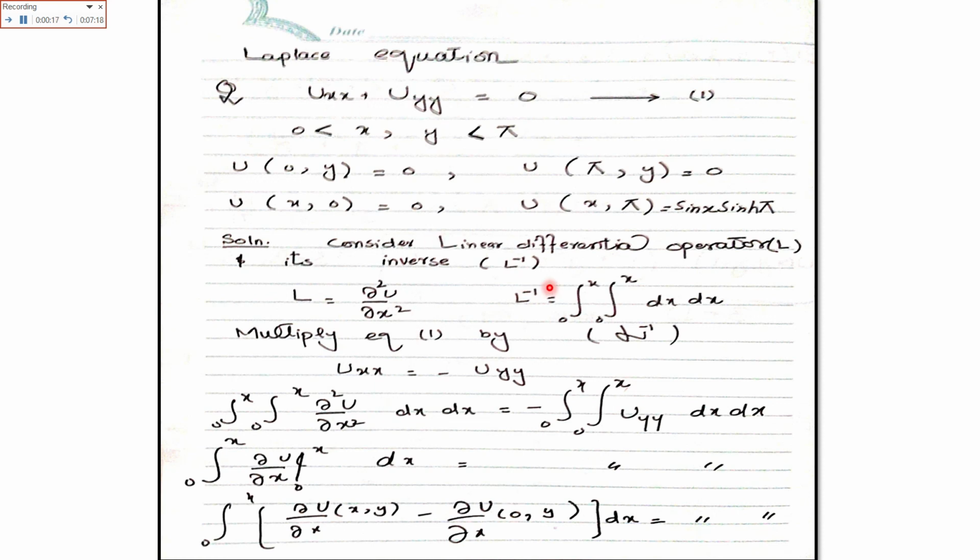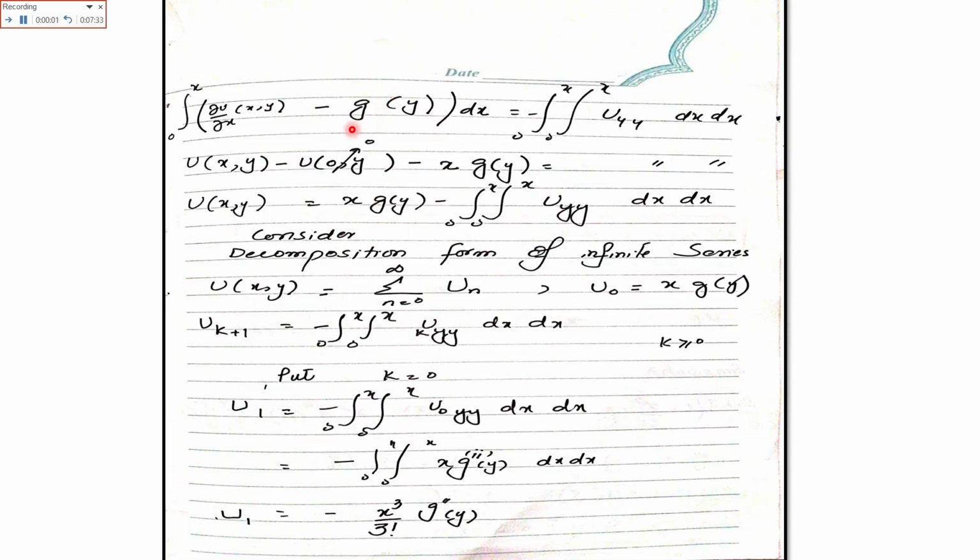Here we are operating with respect to x, so we are taking the inverse operator on both sides, that is, integrating. As this condition was not given, we have assumed it as a new variable g of y. Then we put in the given condition and solved for u of x y in this form.